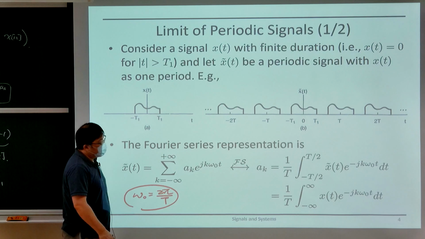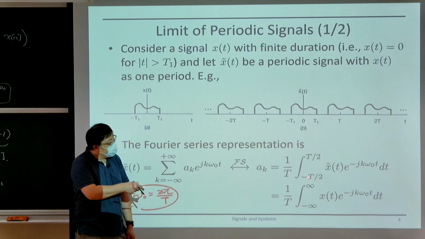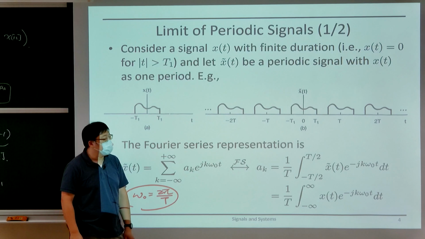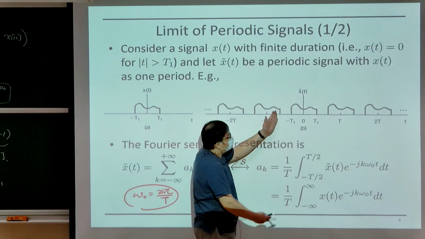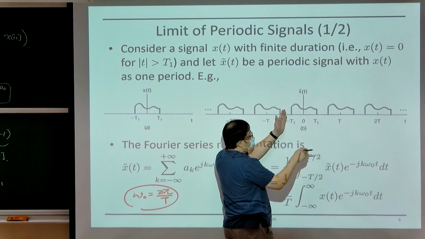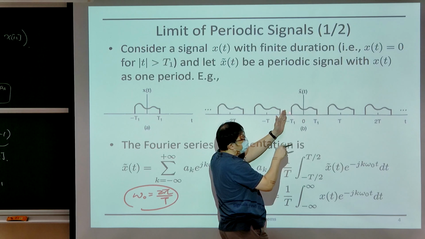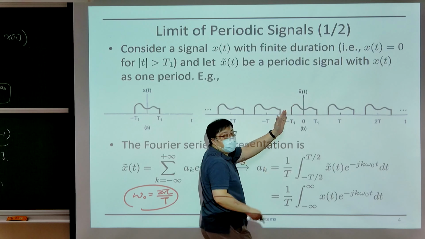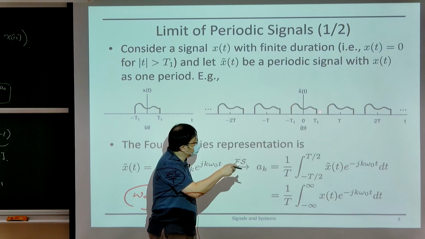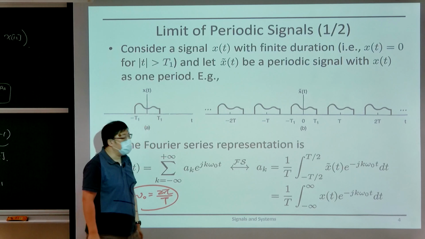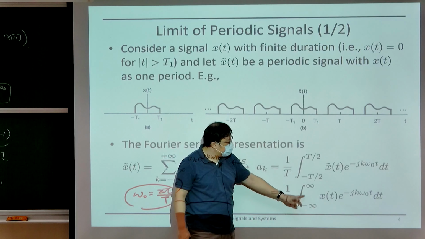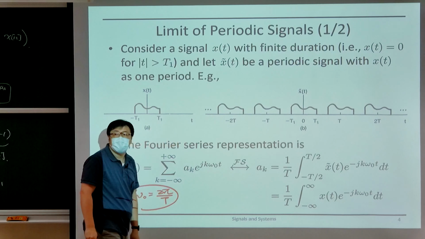Now, when we integrate over one period from minus T over 2 to T over 2, we're essentially integrating over one copy of this x of t. So when we're integrating over this range, we're essentially integrating over x of t from minus infinity up to infinity.